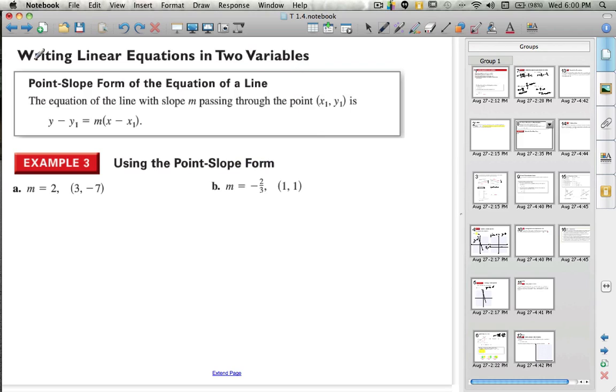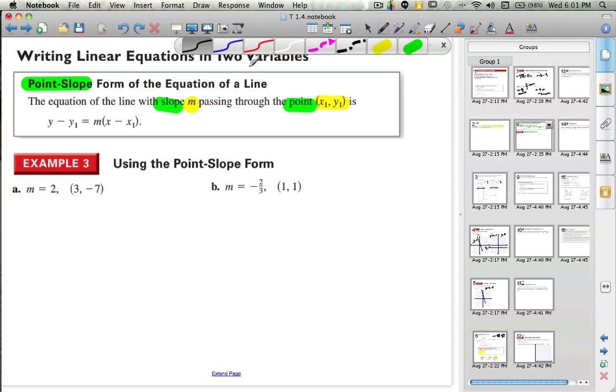Okay, if we want to write the equations of linear functions, what we need is to find the slope and a point. And consequently, this form is called point slope. Okay, that's sort of the minimum we need to have. So in this case, they've given me slope and a point, and I want to write this out.